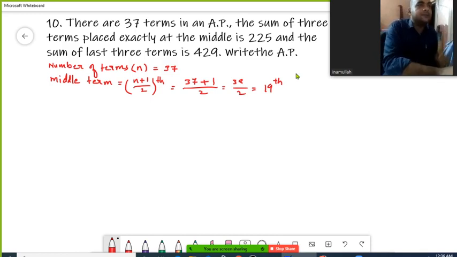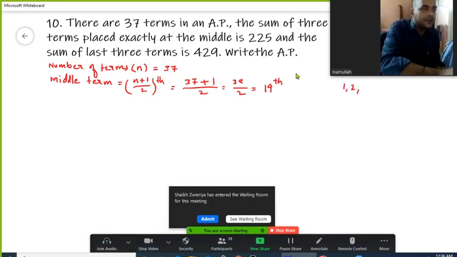This arithmetic progression has 37 terms: your first term, second term, third term, and this will go on till 37. Your 19th term is in the center.